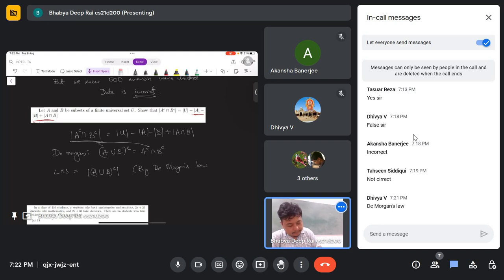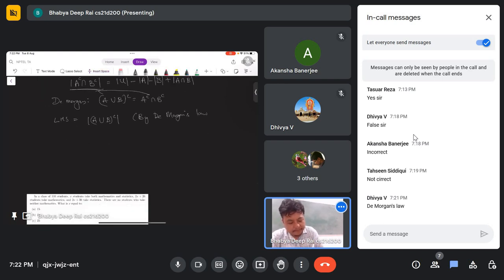Good. Next, what do we do? A union B whole complement. Now what we use is the definition of a complement. What is A complement? A complement is nothing but the universe minus A, right? So, in other words, if this is A union B, and this is A intersection B, this is A union B whole complement.